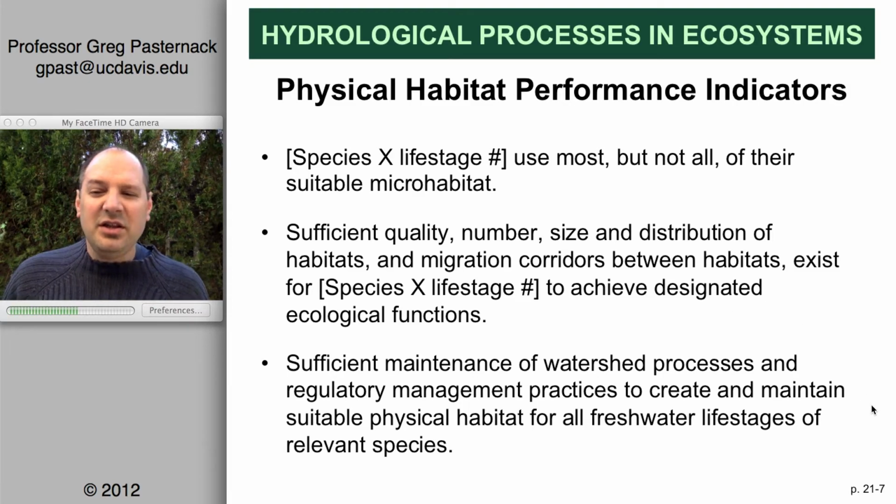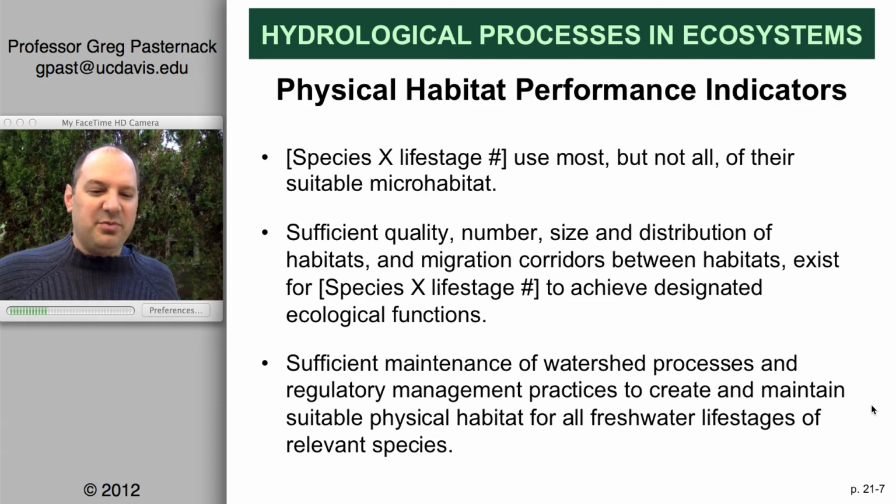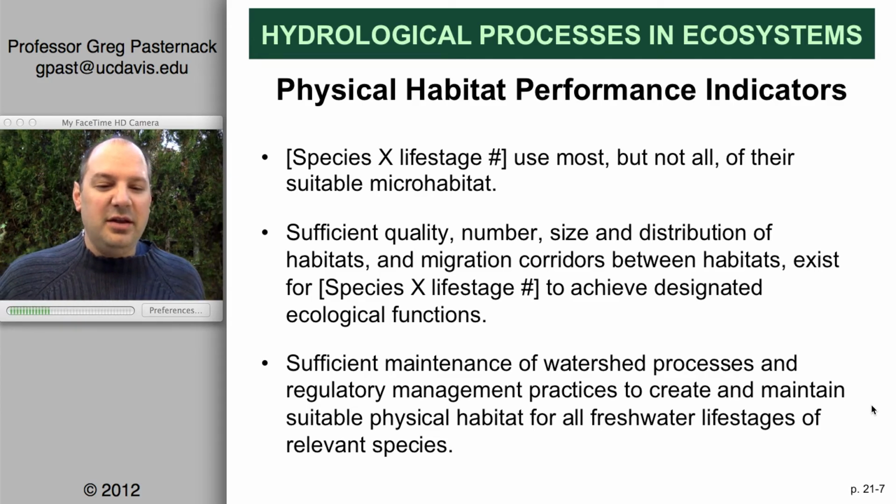And the last one is a little bit more vague and complex, overarching from a physical perspective, that when you consider a river setting in which organisms might be, there's sufficient maintenance of watershed processes and regulatory management practices really throughout the whole watershed to create and maintain suitable physical habitat for all freshwater life stages of relevant species.